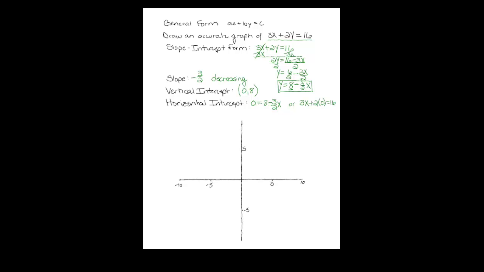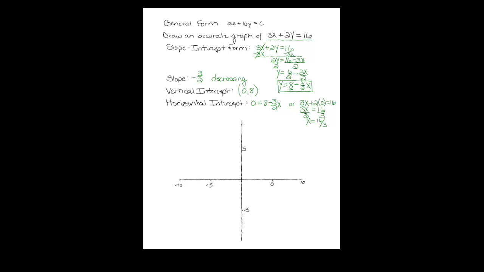So we have, following this through, the 3x plus 2 times 0 is 0, so that's just equal to 16. Divide by 3, divide by 3. 3 divided by 3 gives you 1, then x equals 16 thirds.